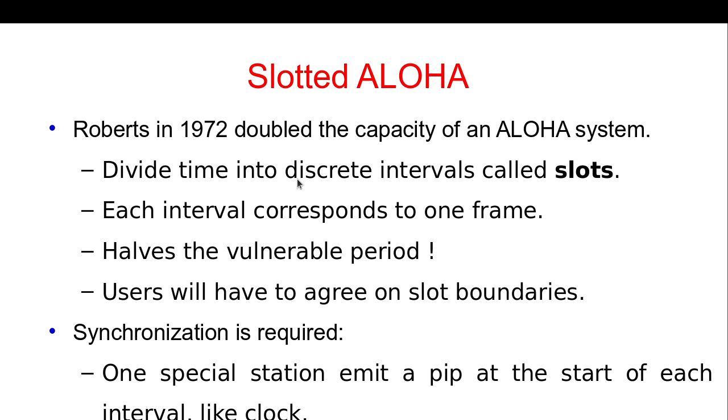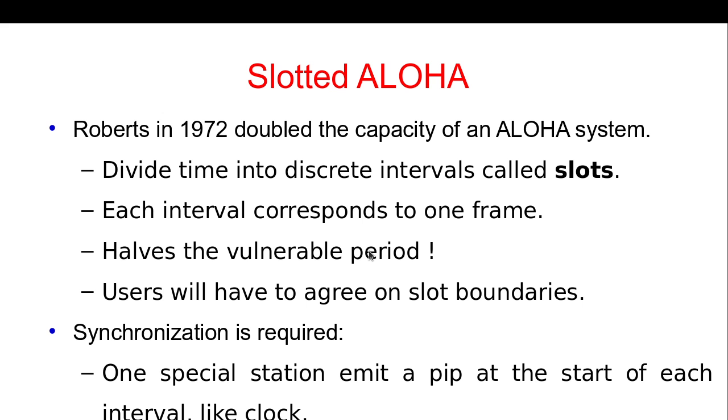Now this was achieved by dividing the time into discrete intervals called slots, where each interval corresponds to one frame. And this is how it halves the vulnerable time, or the vulnerable period, because now instead of continuous time, we should only take care that no other frames are generated in that one slot.